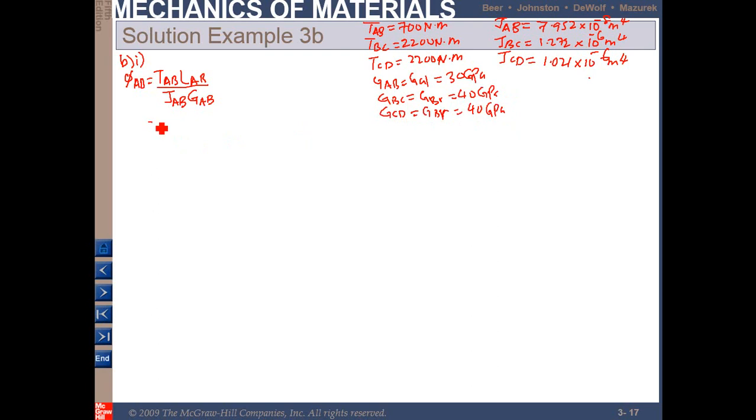Okay, so we put into the equation. So torque AB is 700 times length of AB. What is the length of AB?